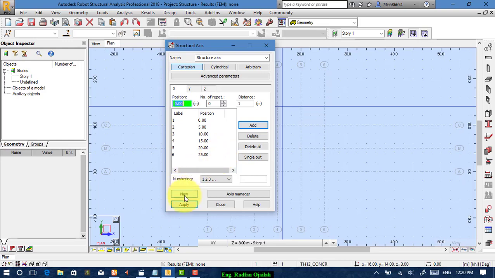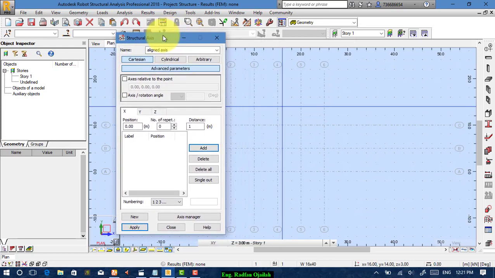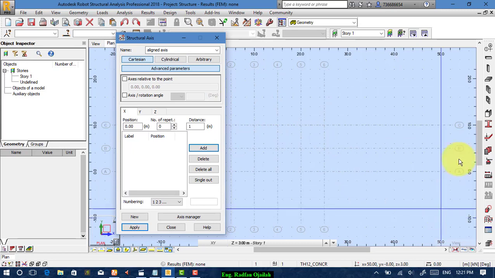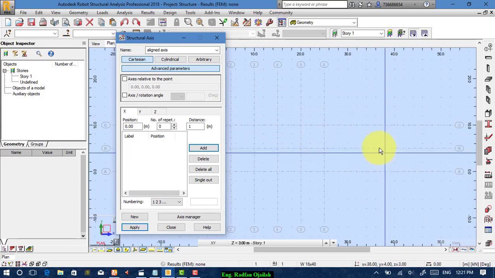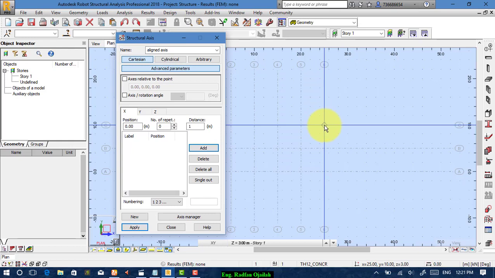That means press on new, and here name it as aligned axis, and press on these advanced parameters. So let's assume that this second block is rotated starting from this point.